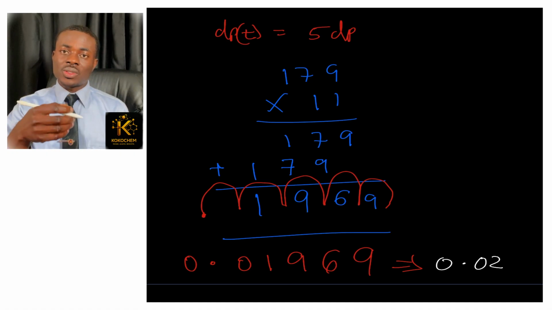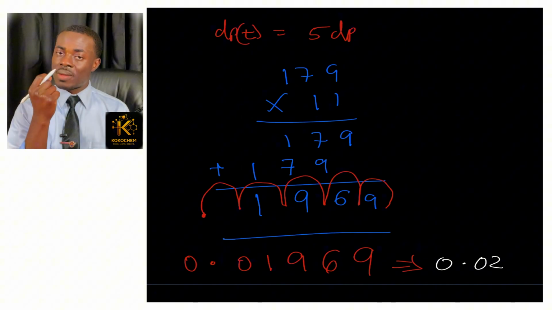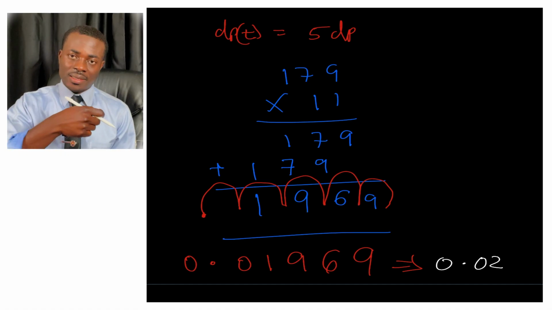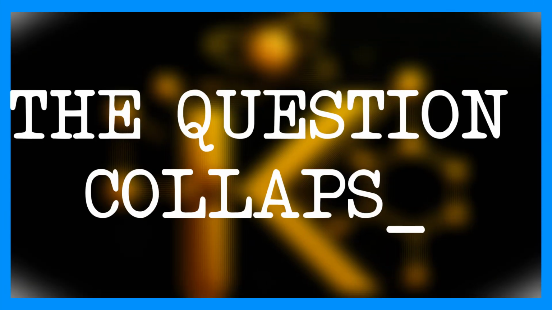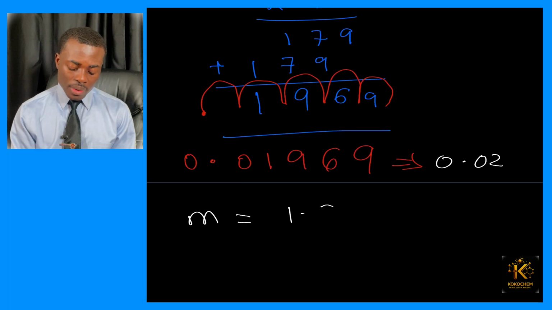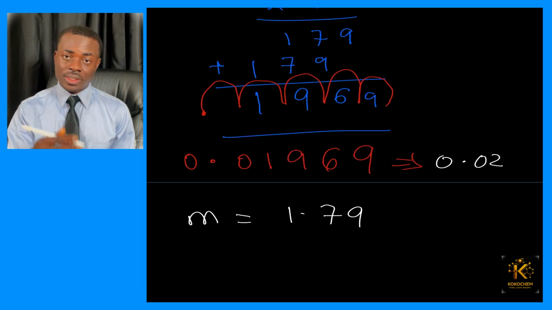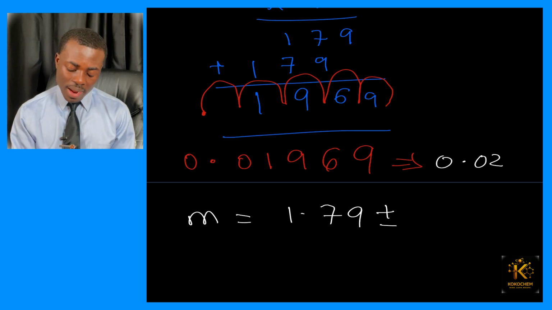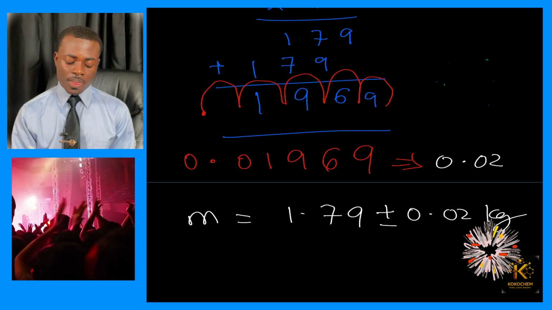And remember, the uncertainty is coming from the errors we made when we were measuring the length and the density. Okay. So now the final answer would be 1.79, which is the mass, plus or minus 0.02 kilograms.